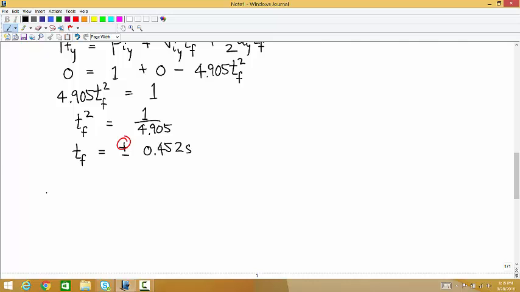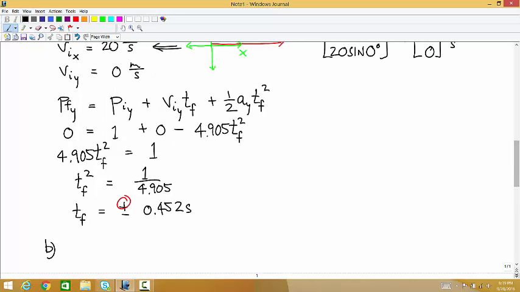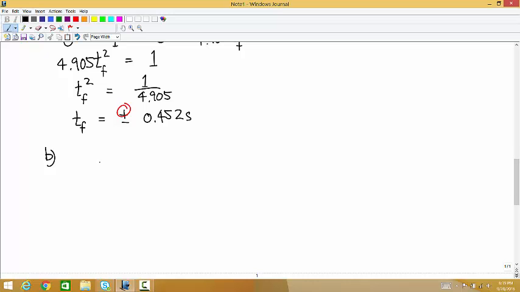And then part B, now we're trying to figure out horizontally how far away the ball hits the ground. Those 4 things that we have to choose, those are all the same. There's no reason to change those.